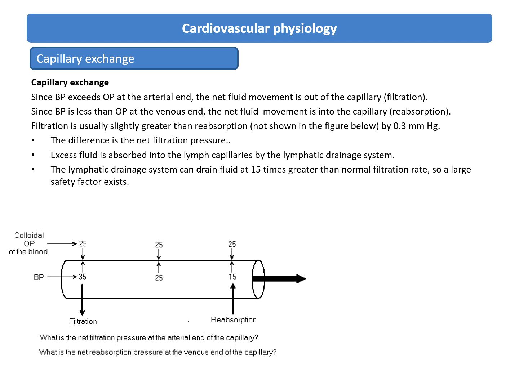The lymphatic drainage system can drain fluid at 15 times greater than the normal filtration rate, so it has a large safety factor. If net filtration pressure rises to roughly 4.5 millimeters of mercury, the lymphatics fail to drain the excess fluids.